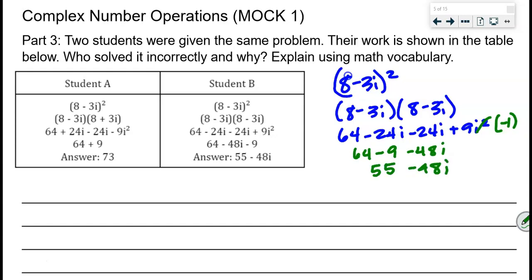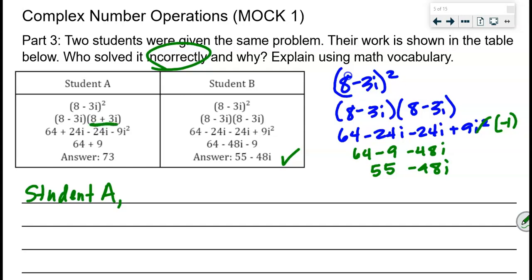All right, now let's look at who did the problem how. So the person who got the same answer we did was student B. So it says who solved it incorrectly and why. Okay, so obviously student A solved it incorrectly, right? So that's our first part. We're going to say student A. And then why? Let's see if we can figure out the difference here. I see this right here.